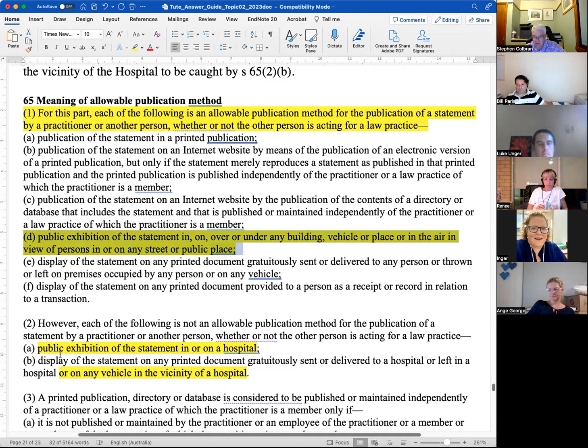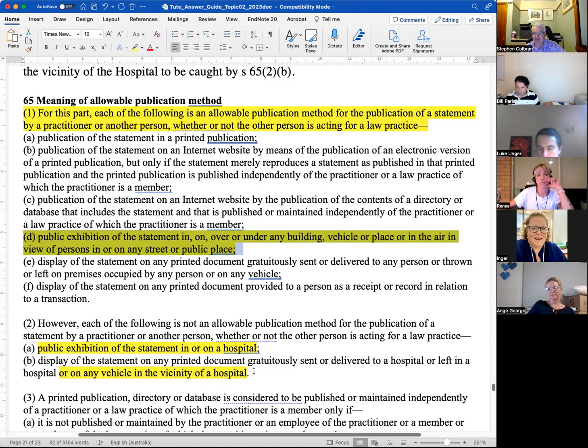So here's the bit here. Public exhibition of the statement in or on a hospital. Well, it's not in or on the hospital, is it? He hasn't stuck the sign on the physical hospital. It's on the main road outside the hospital. So then you're looking at the next bit. B, display of the statement on any printed document gratuitously sent or delivered, and so on, or left in the hospital or on any vehicle in the vicinity of a hospital.